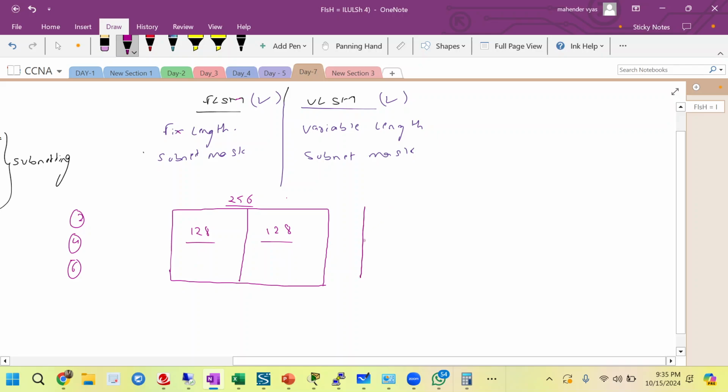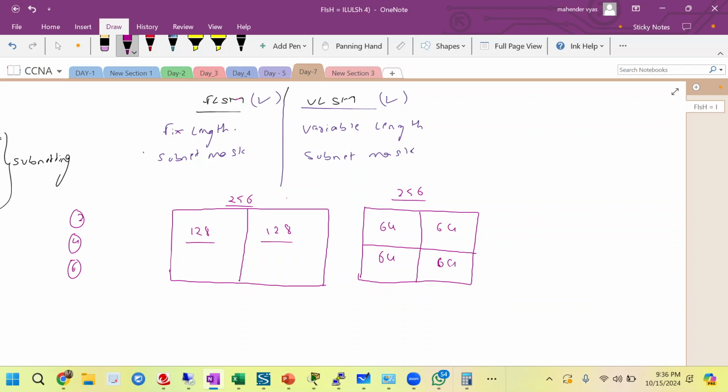Or I can divide 256 into four parts. Then what will I get? 64, 64, 64, 64. Right? Six is not possible.